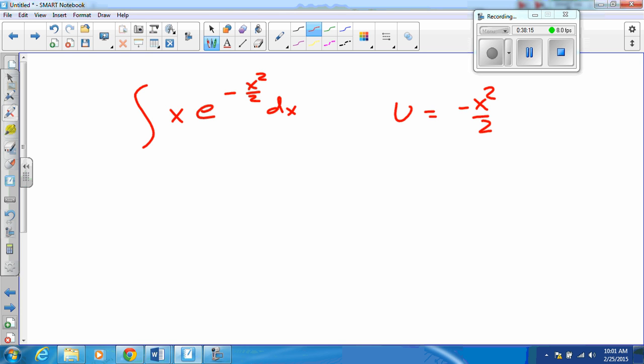Where do you see x and x? du is negative x dx, which is pretty darn close.